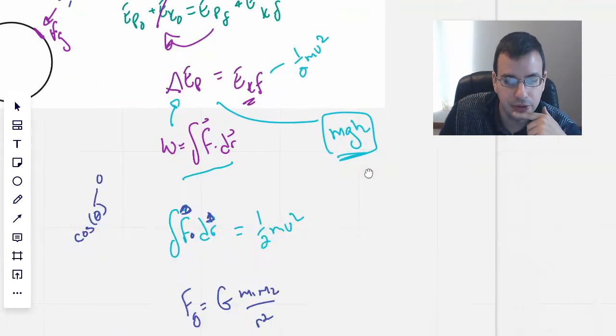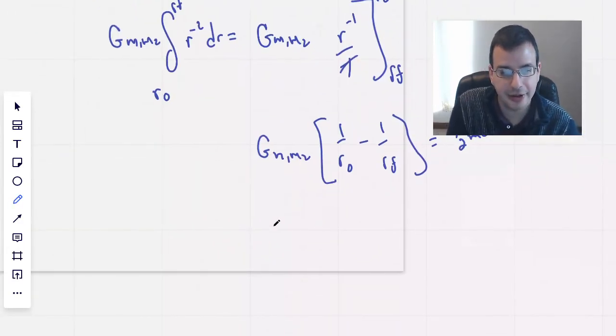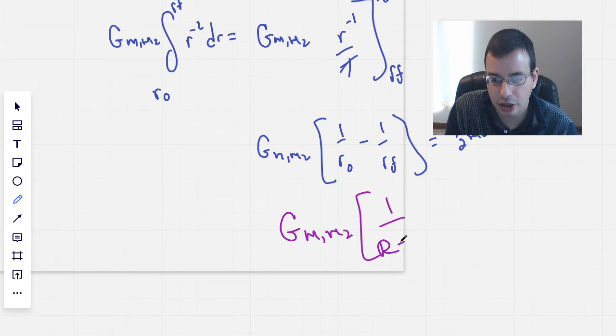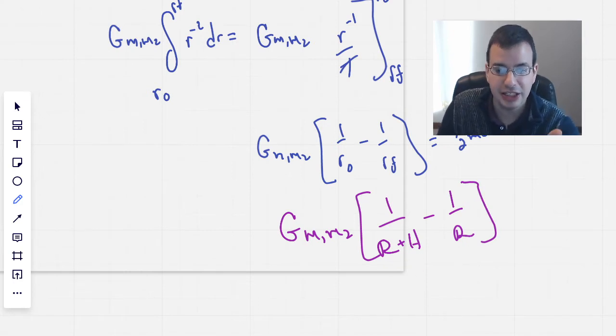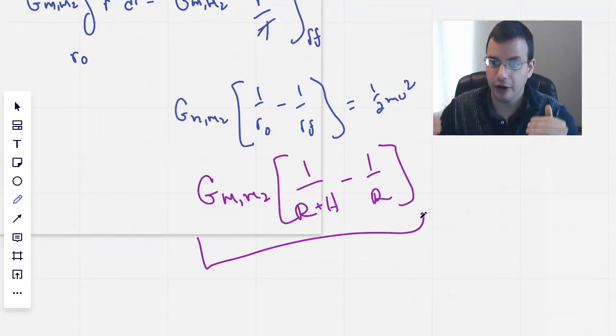Okay, so we'll rewrite this one real quick. Gravity constant, mass 1, mass 2, 1 over big R plus h, minus 1 over R. So this is the potential energy due to the satellite falling.